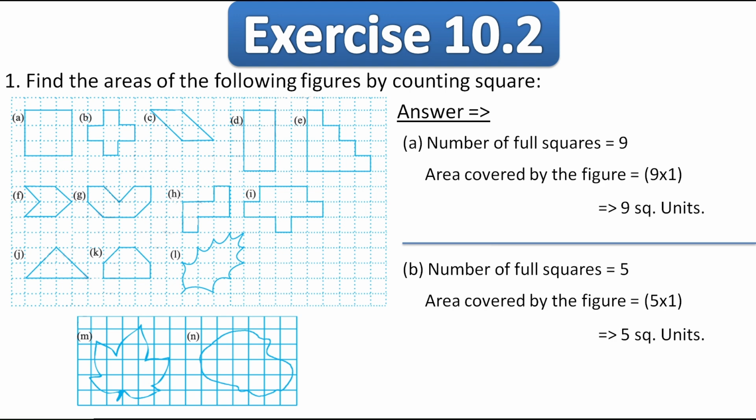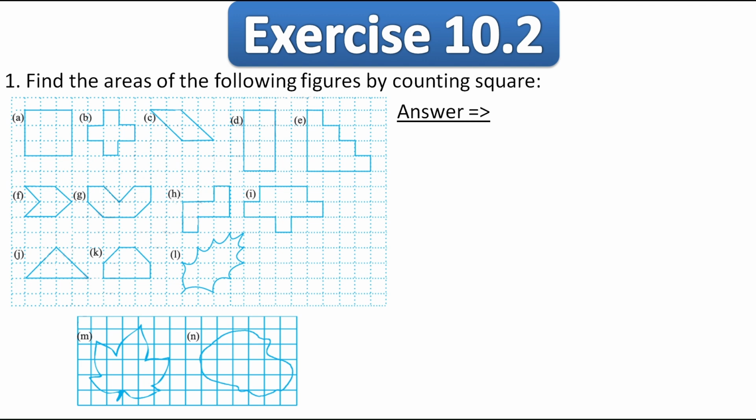Now, in figure C, the number of full squares here is 2. See, there are 2 full squares, but there are also 4 half squares. So, we will write the number of half squares is 4. Now, how to write this in terms of area covered?